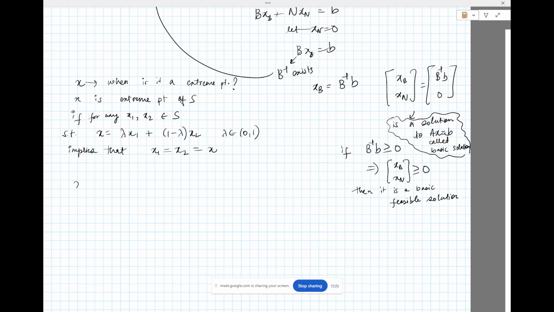Okay, so we take x = [B⁻¹b; 0], and let's say we have x1, x2 in S such that λx1 + (1 − λ)x2 is equal to x.